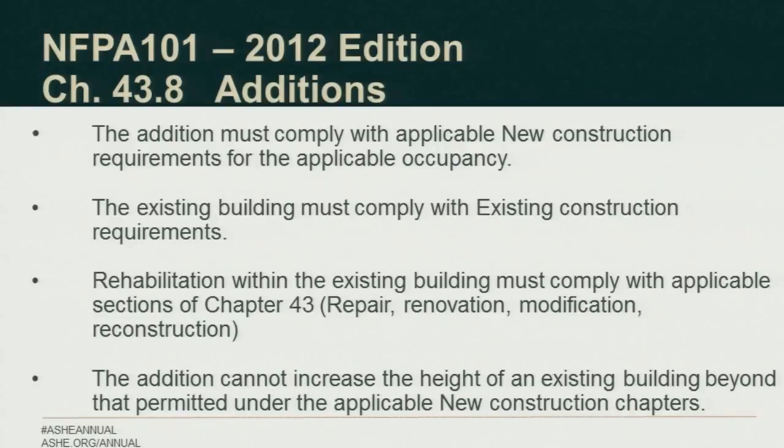So your AHJ still has some latitude whether or not they decide to review under 43 at all? Well, if the code's adopted, the question is, does the AHJ have the latitude to say yes or no?